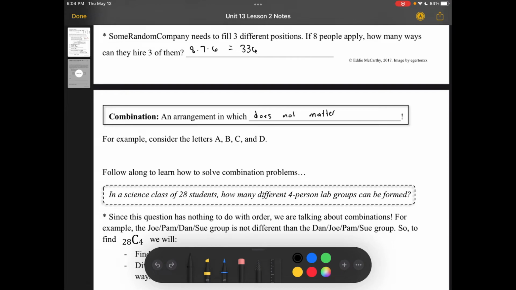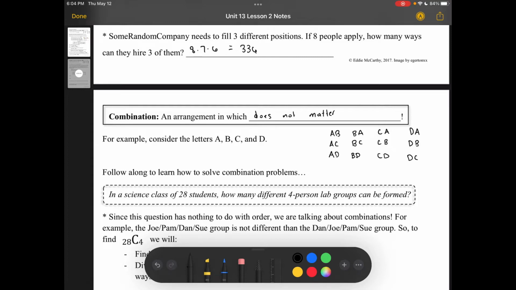We're going to start off with AB, AC, AD, BA, BC, BD, CA, CB, CD, DA, DB, DC. So these are all the permutations that we did earlier.